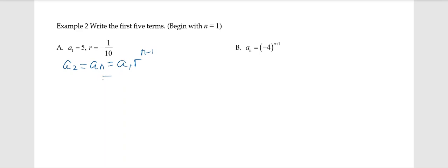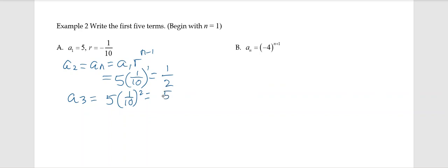So in terms of a sub 2, it's going to be 5 times our ratio raised to the 2 minus 1 power, which is 5 times 1/10. So that gives us a half. All right, a sub 3 is going to be first term, 5 times the ratio raised to the second power. So that would be 5 over 100, which is 1/20th.